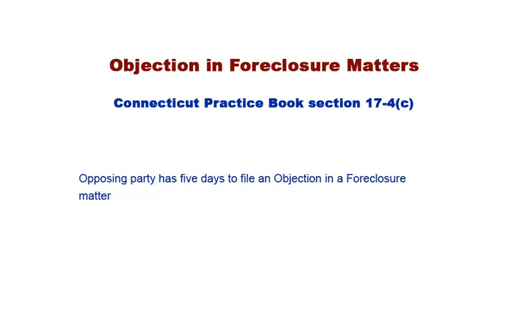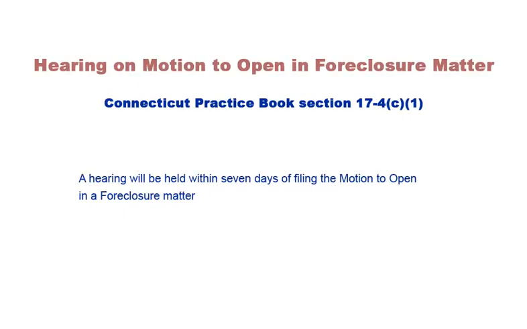Objection. The Connecticut Practice Book, Section 17-4C1, states that in a foreclosure matter, the opposing party has 5 days from the filing of a motion to open to file an objection. Hearing on the motion to open in foreclosure matters.